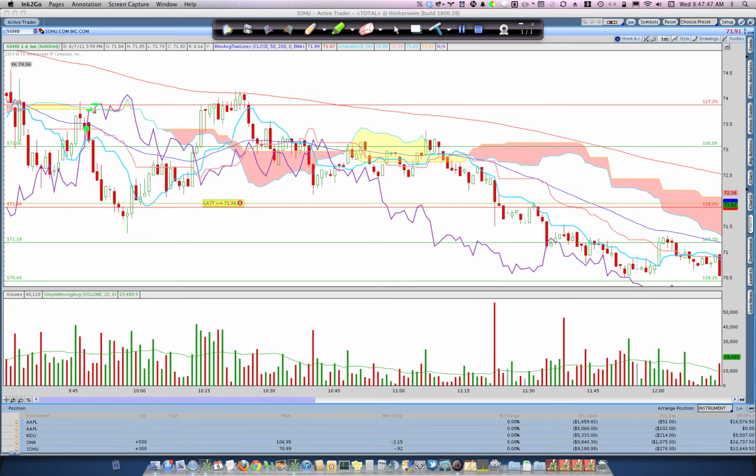Then it got stopped by the fib line, pulled back, came up, was stopped by the fib line again, pulled back, moved up symmetrically with this cloud, and moved down. You're going to say, well, of course the Chikou got stopped by the fib line, because it is no more than a reflection of the midpoint of its candle 26 points ahead, this one.